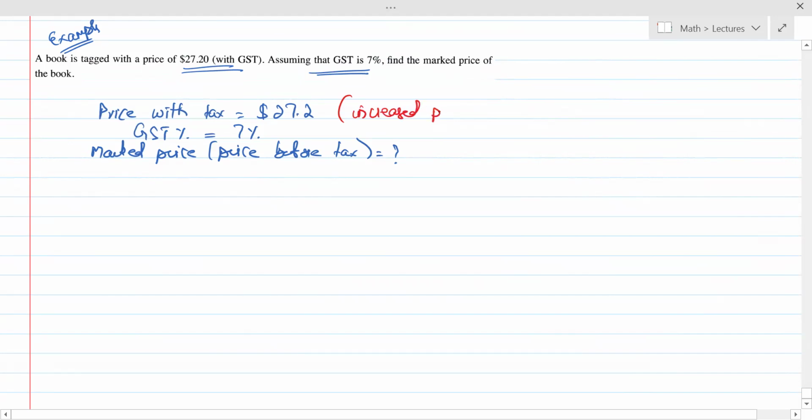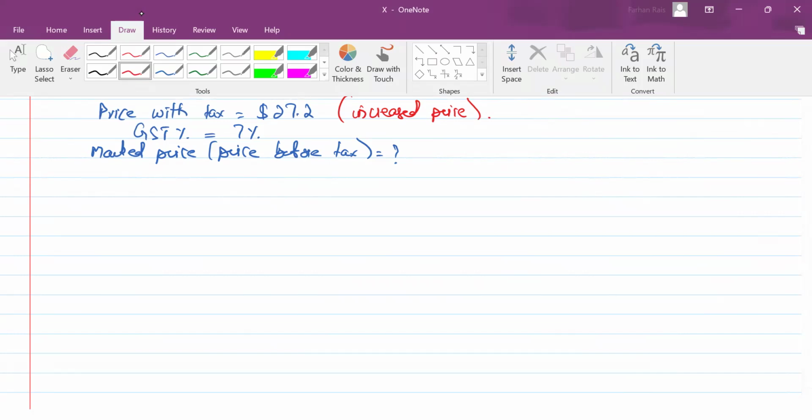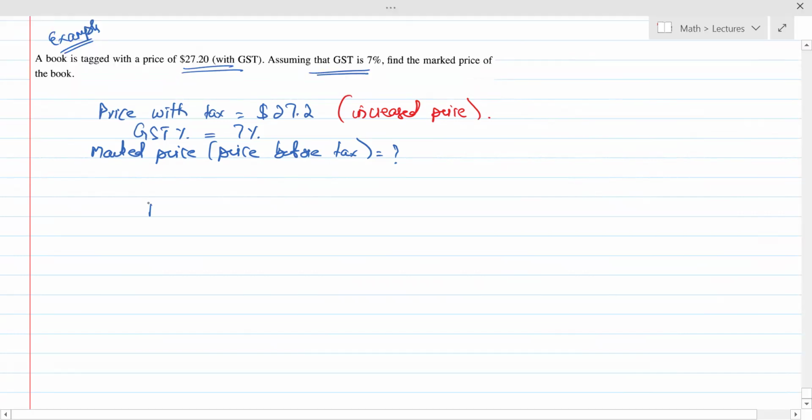Okay, because it's including the tax in it, so it's the increased price. So here again we can make use of the ratio method because we have the increased price and the percentage we also know. So price against the percentage. First row of values is always original.